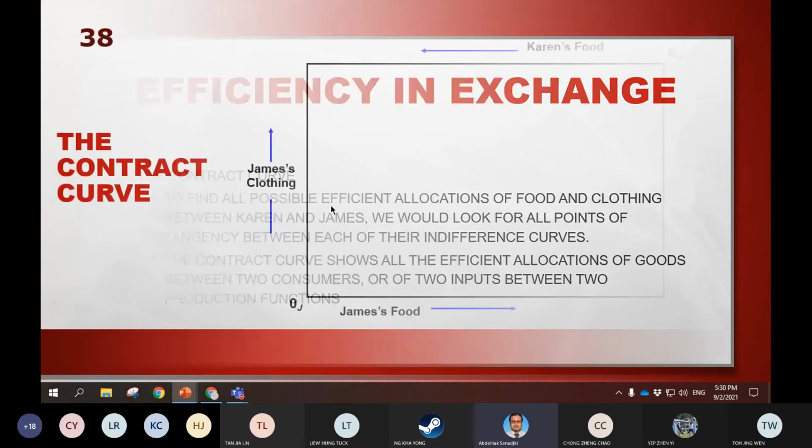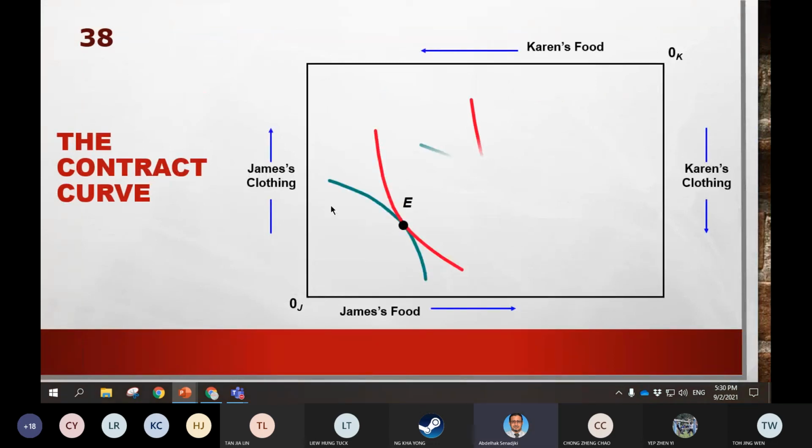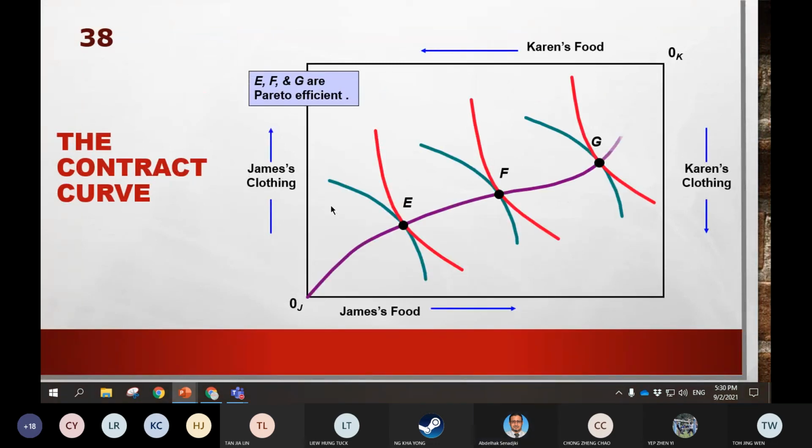So I have this graph here which shows a contract curve, the curve drawn through all such efficient allocations.